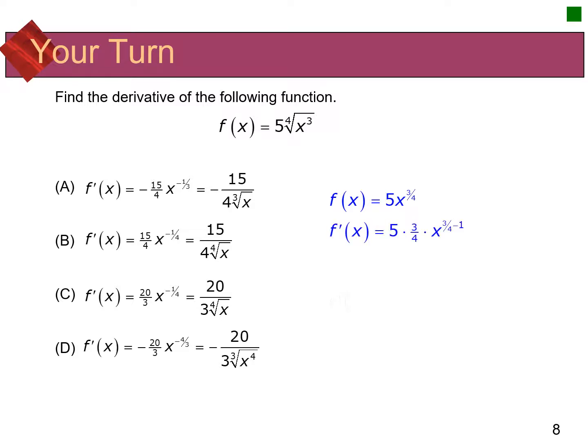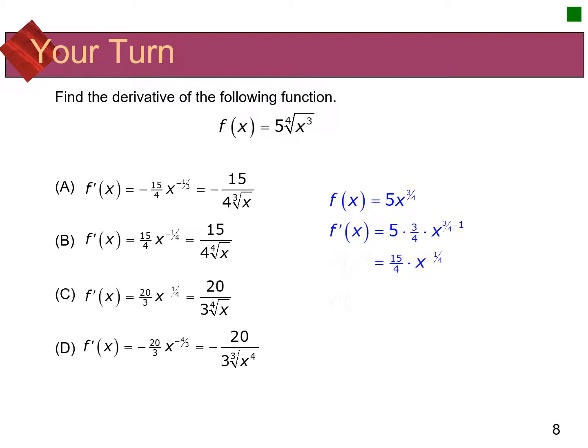Then I'm going to take that original exponent of 3/4, move it in front of the x, and then take the exponent of 3/4 and subtract 1 from it. So I'm going to have 5 times 3/4 times x to the whatever 3/4 minus 1 is, that power. Well, 5 times 3/4 is 15/4.